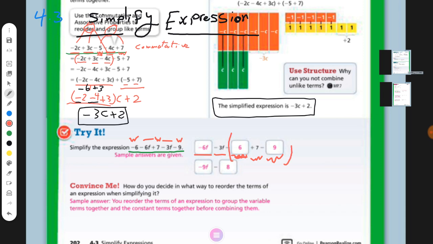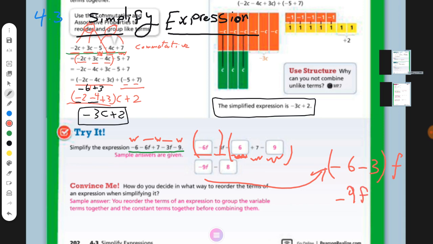First group about f's: negative 6f, minus 3f. So I can write it in this form, by the way, negative 6 minus 3. They are the coefficients of f. When we calculate it, similar sign, put the sign and add, so it's negative 9f. So the last answer will be negative 9f as you see here.